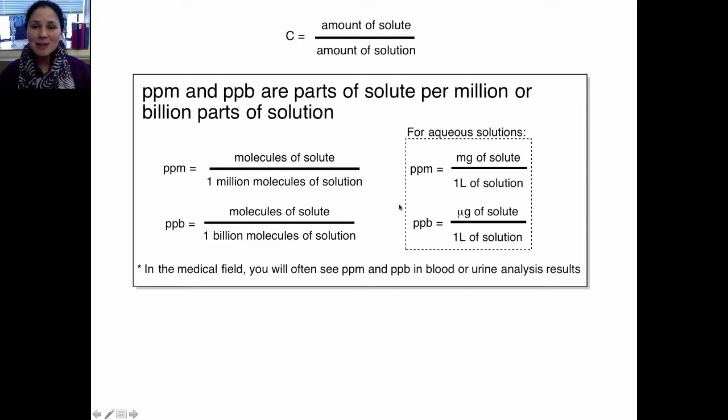If I were you, I would write these on your cheat sheet and use these to calculate parts per million or parts per billion. These are units that describe very dilute or very weak solutions. In the medical field, you'll often see these in blood or urine analyses, where you're detecting things that have very, very low concentrations.